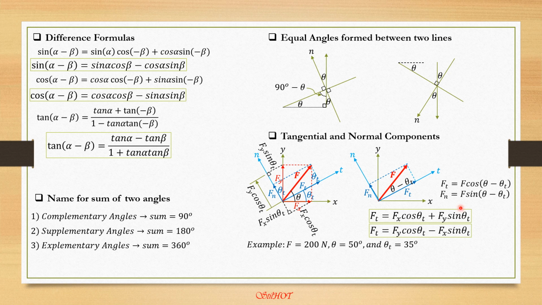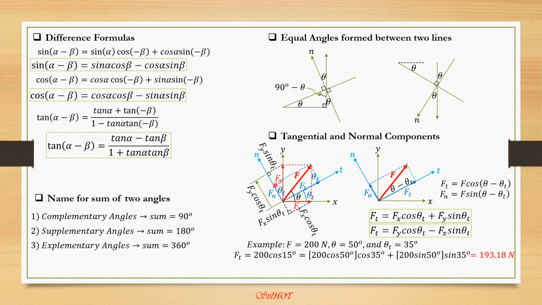So it is 200 cosine of 15, and it is also equal to Fx, which is 200 cosine of 50, times cosine of theta t, which is cosine 35, plus Fy, which is 200 sine of 50, times sine of theta t, which is sine 35. So evaluate 200 cosine 15, or F cosine quantity theta minus theta t, and compare it with this formula here. The result is the same, 193.80 newtons.